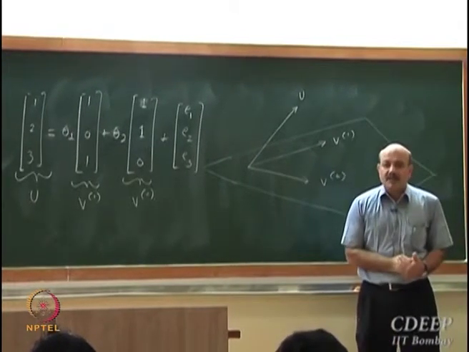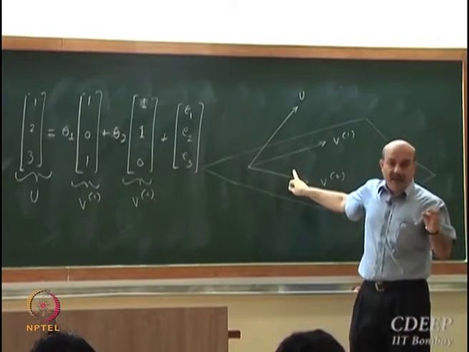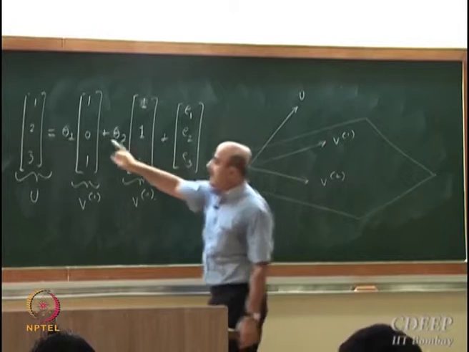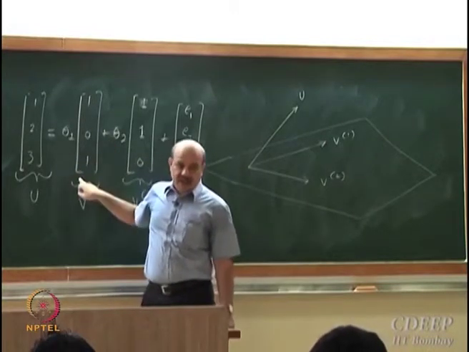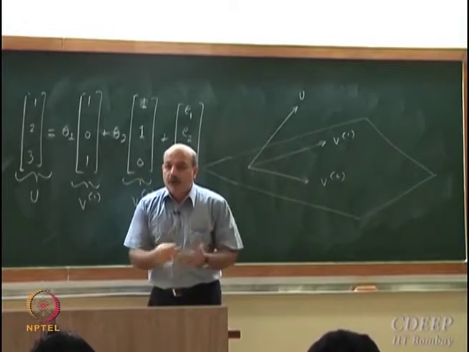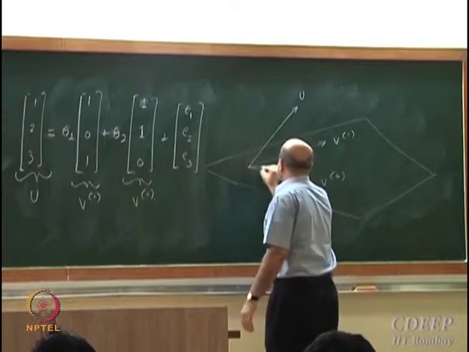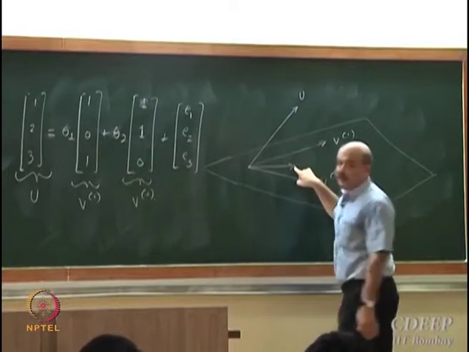A least square approximation. Because ultimately I am finding an approximation which is theta 1 times this vector plus theta 2 times this vector. That approximation is going to lie where? That approximation will lie somewhere here, right?